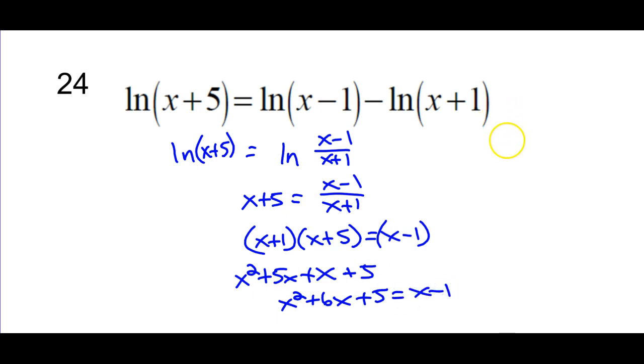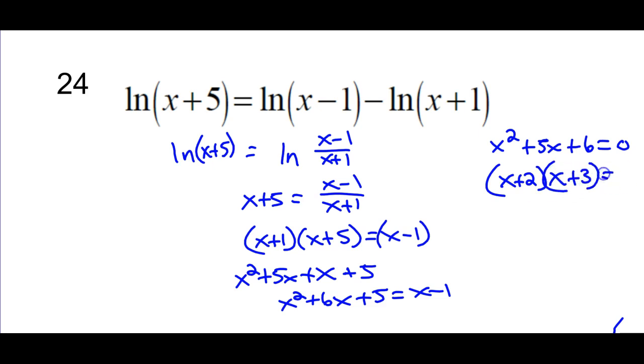I'm going to subtract x from both sides and add 1. And then solve by factoring here. So factors of 6 that add up to 5 are going to be 2 and 3. So x plus 2, x plus 3. So x equals negative 2 and x equals negative 3.